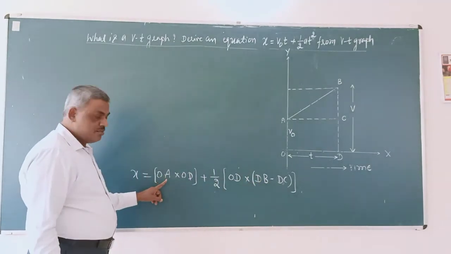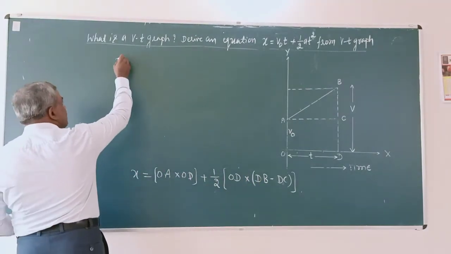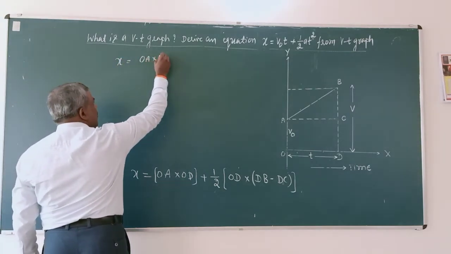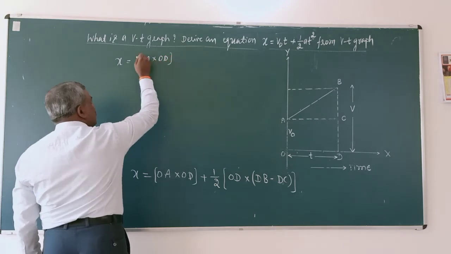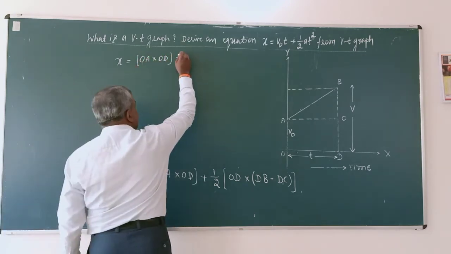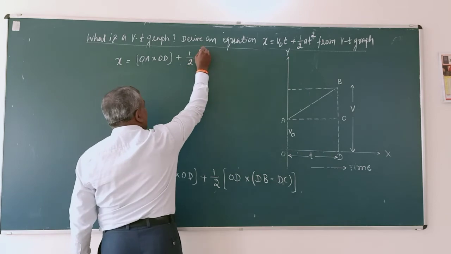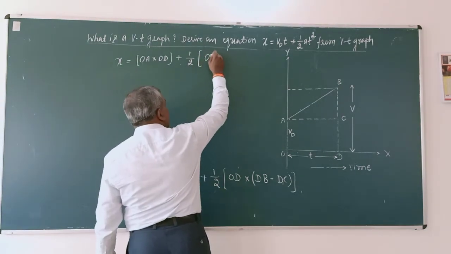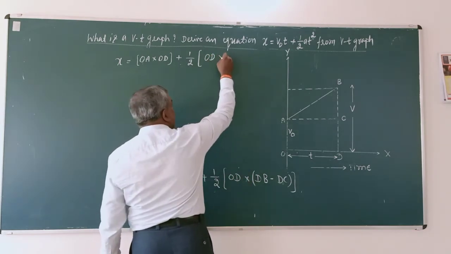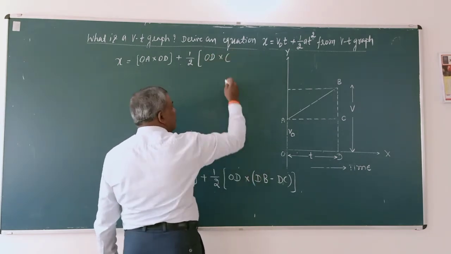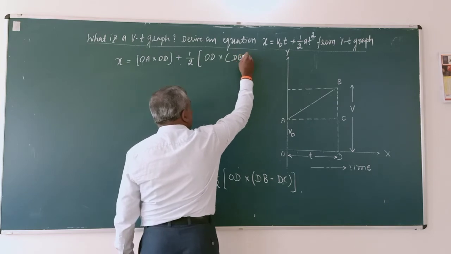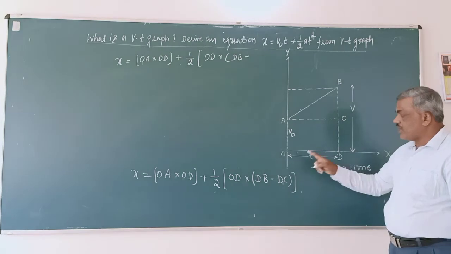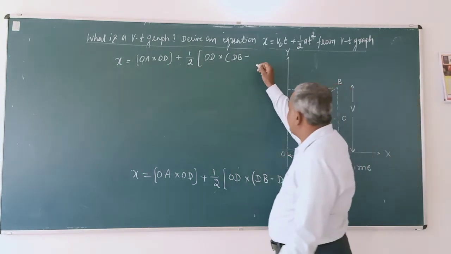This equation is written as x equals OA into OD plus 1 by 2 into OD into DB minus DC. DC is parallel to OA.